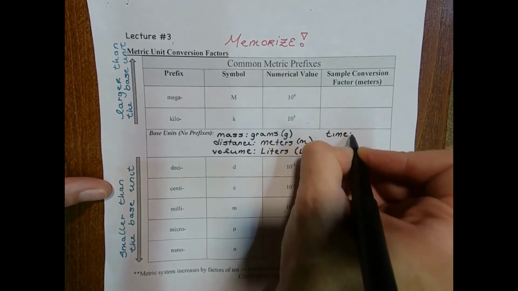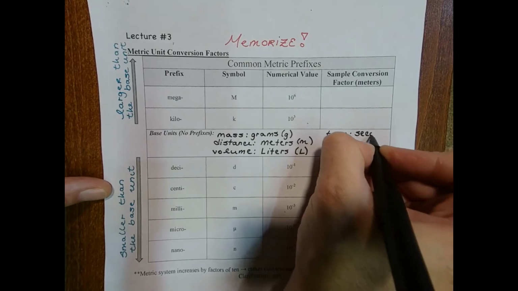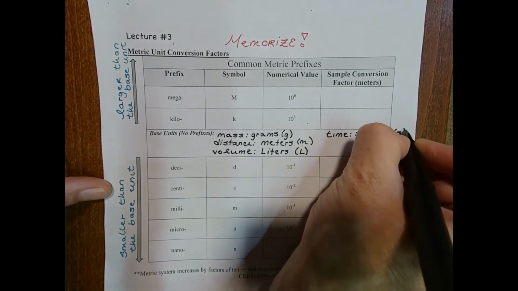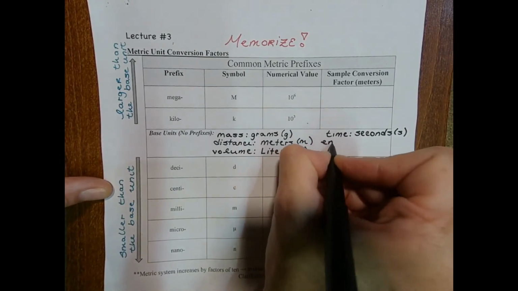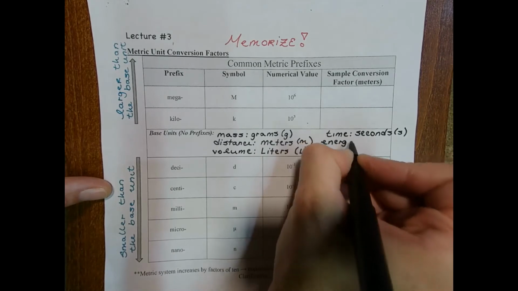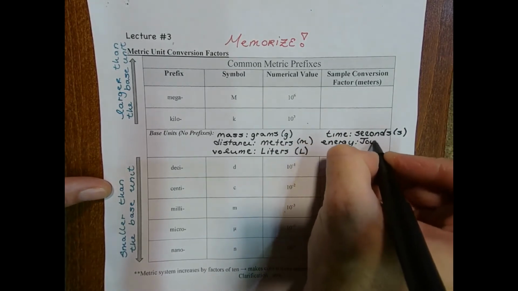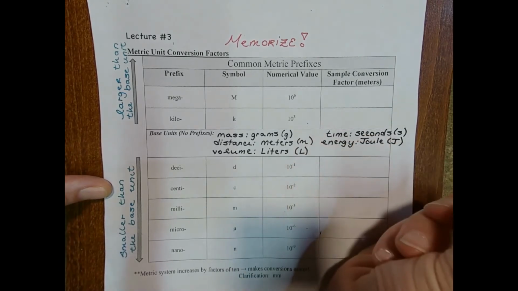In the metric system, it's going to be seconds. And the abbreviation for that is just s. You can do energy. So energy is measured in what's known as joules. And that's going to be a capital J.